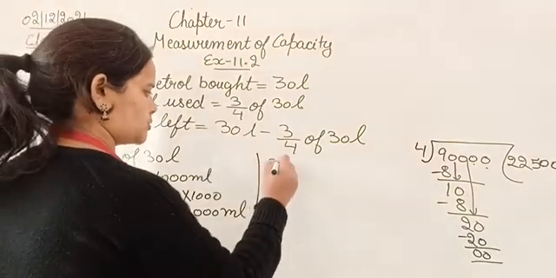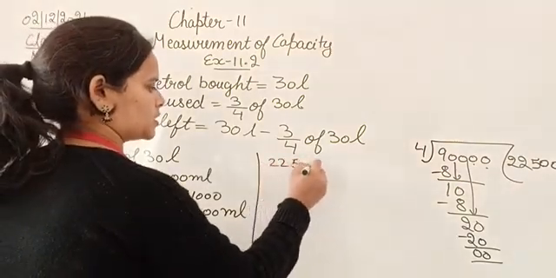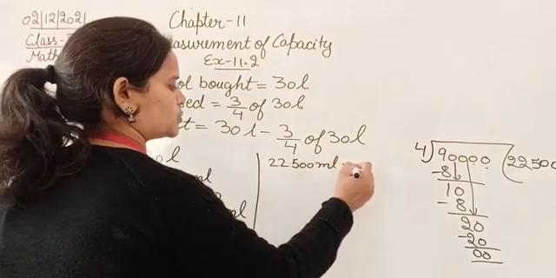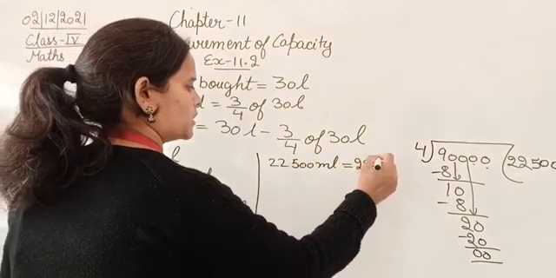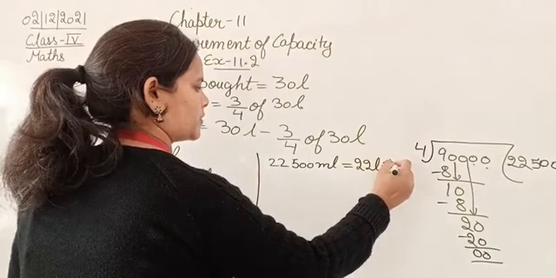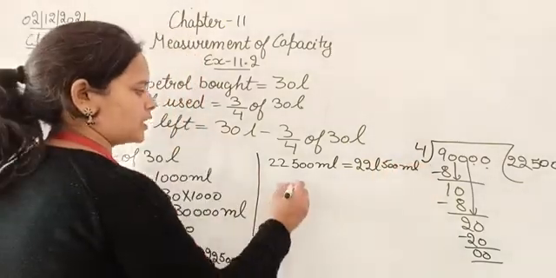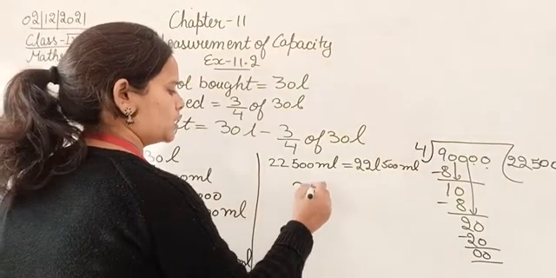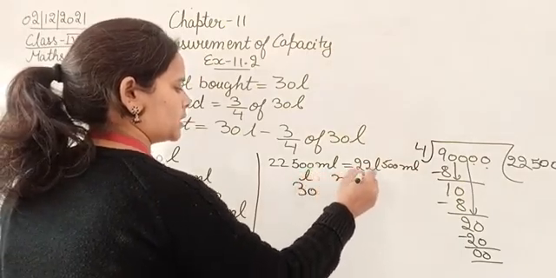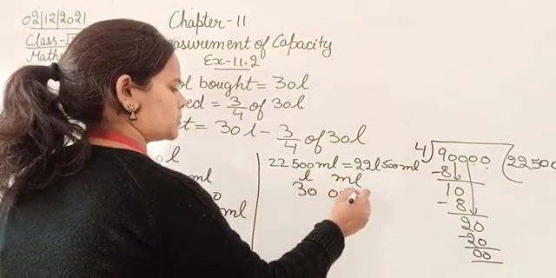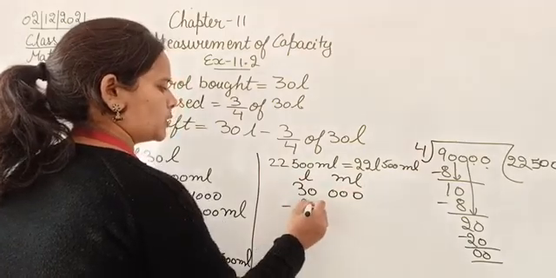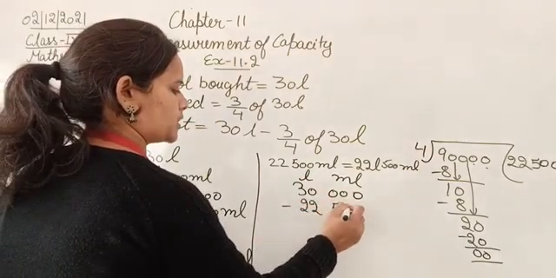22,500 milliliter is equal to 22 liter 500 milliliter. Now we can easily subtract. So subtract it from the total. This is liter, milliliter, 30 liter 000 minus 22 liter 500 milliliter.